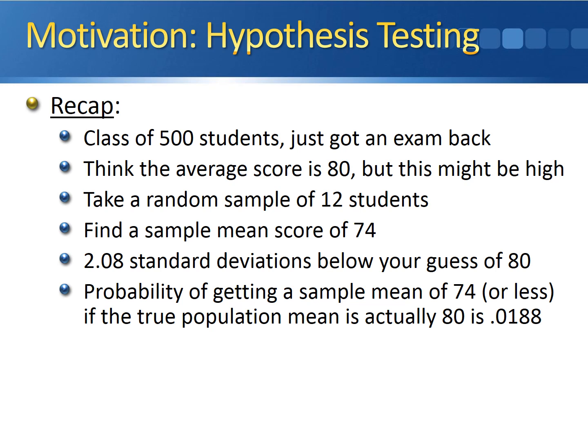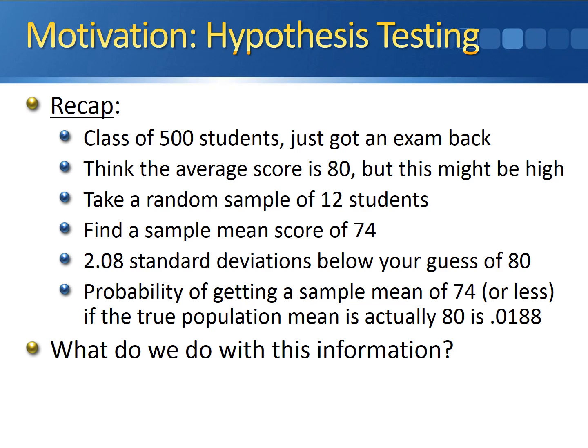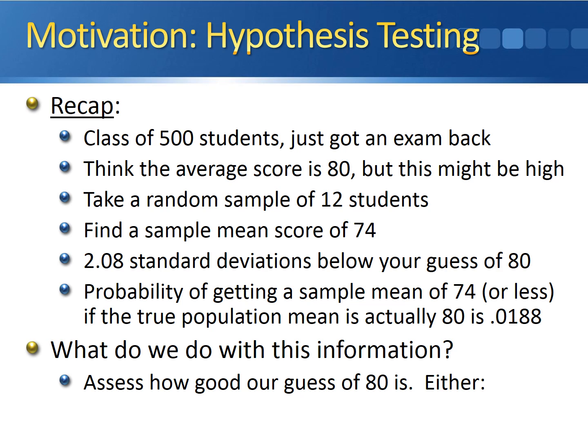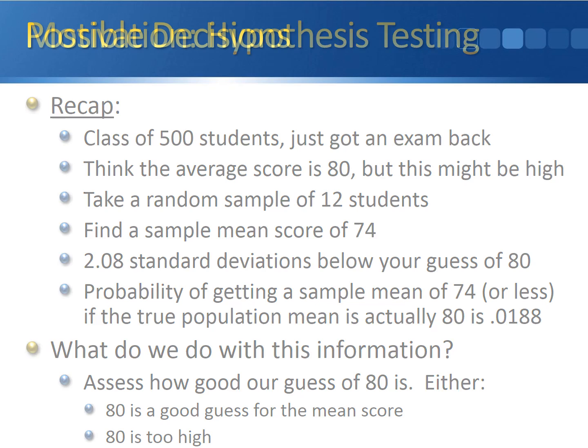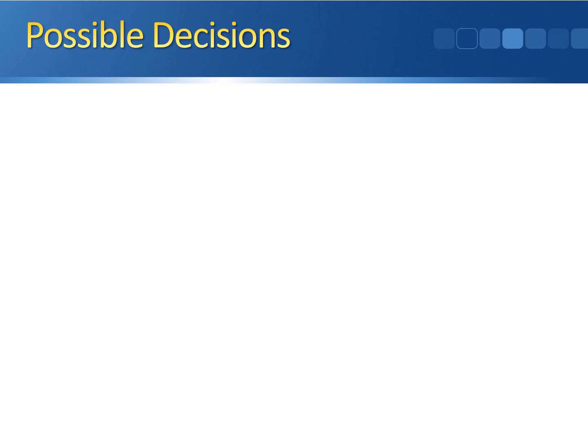So taking everything that we have here, what can we do with this information? What we're going to do is assess how good our guess of 80 actually is. Either 80 is a good guess for the population mean score, or 80 is just too high. We can make two possible decisions about the hypotheses in a hypothesis test.